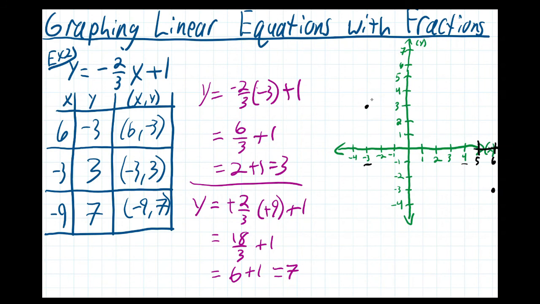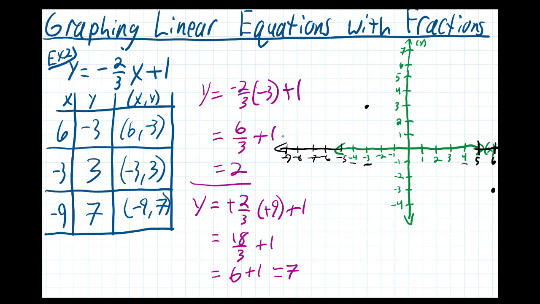Now, when x is negative 9, again, this only goes up to negative 4. Well, let's extend our graph a little longer. We get negative 5, negative 6, negative 7, negative 8, and negative 9 right there.